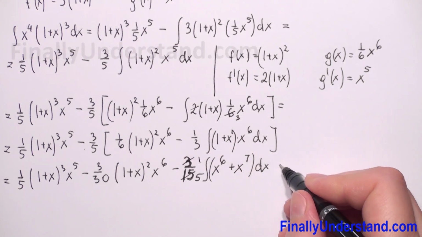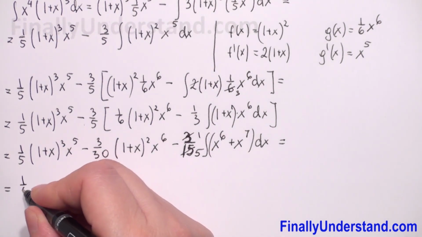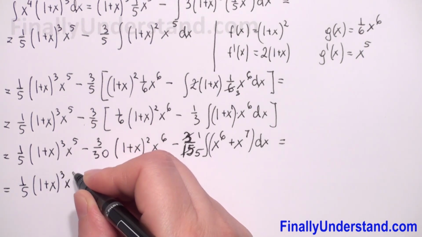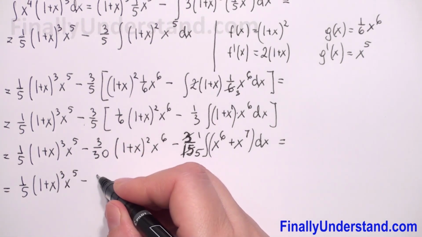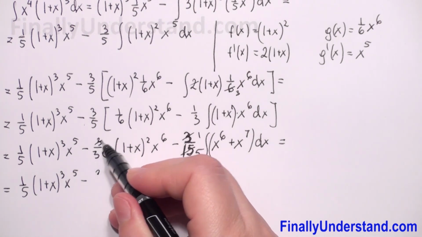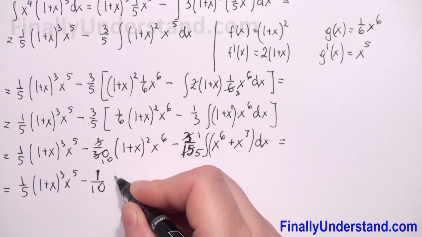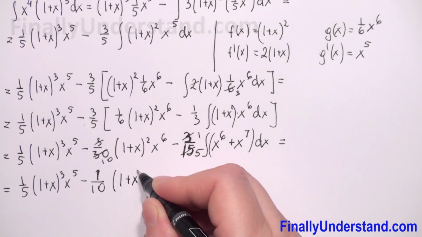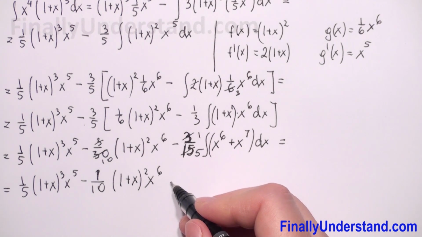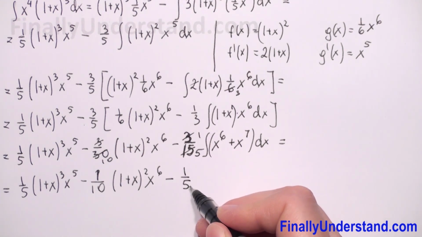So now this is equal to: we have 1 over 5, (1 plus x) cubed, x to the 5th power, minus 3 over 30, which we can reduce to 1 over 10, (1 plus x) squared, x to the 6th power, and we have negative 1 over 5.